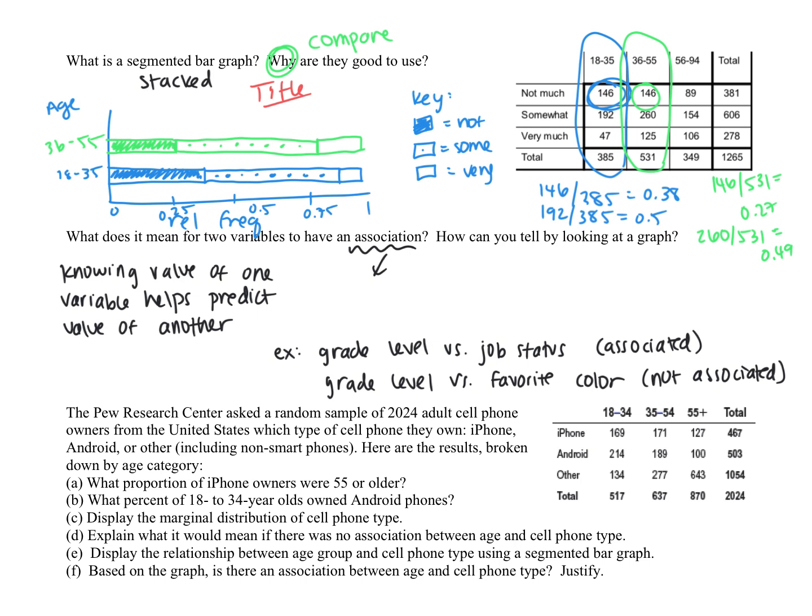Yeah. Augie, how can you tell visually? Because the graphs are different. Yeah, if I tell you they're 18 to 35, they are much more likely to have said not much than if they were 36 to 55. So how can you tell by looking at a graph? Simply, the graphs are different.